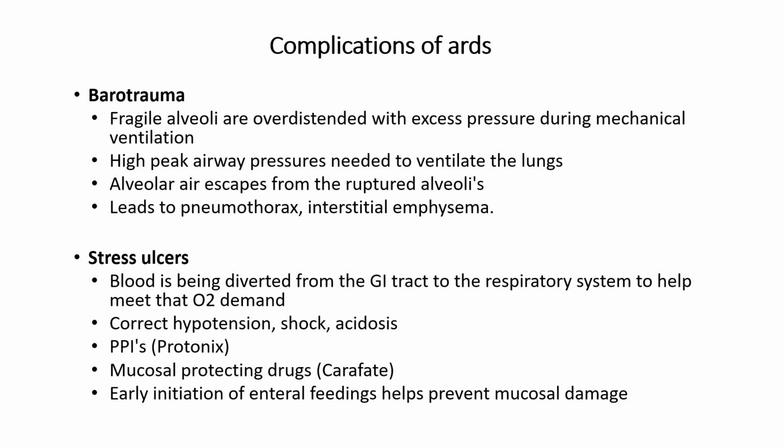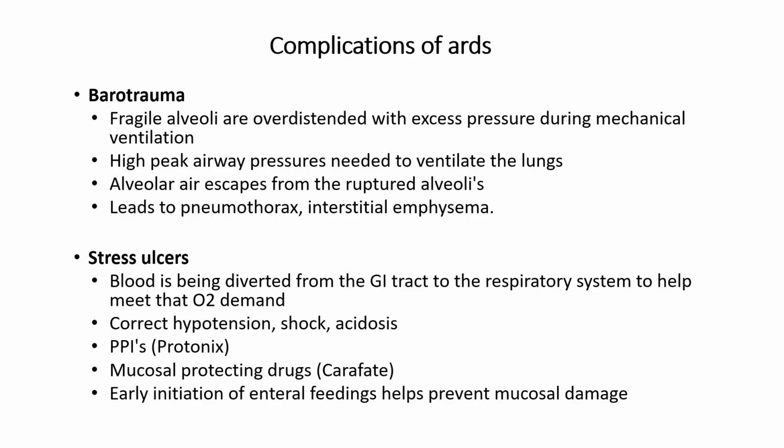As nurses, we need to monitor for any GI bleeding, such as coffee ground emesis or black stools, and we need to report that. We need to treat the underlying issues like hypotension, shock, or acidosis. Anything decreasing GI perfusion, we need to pay attention to.